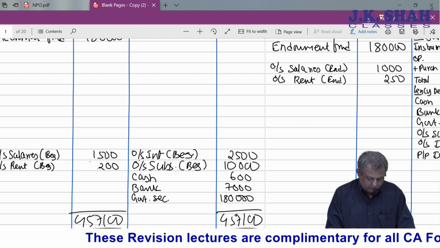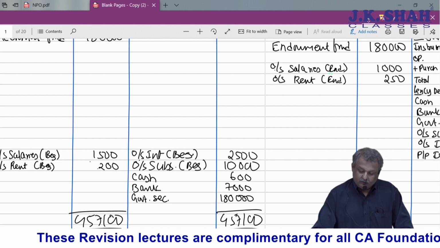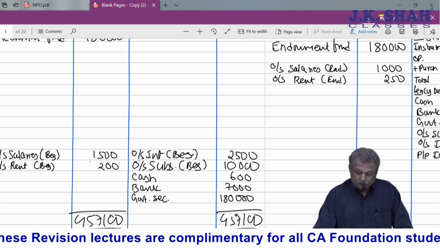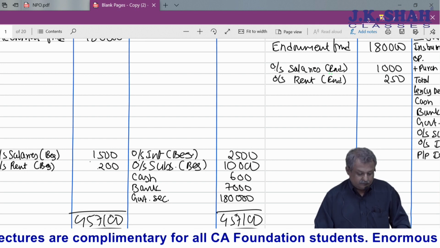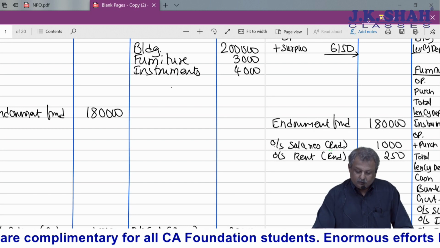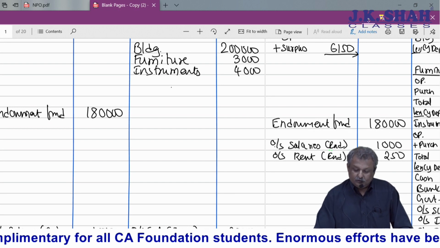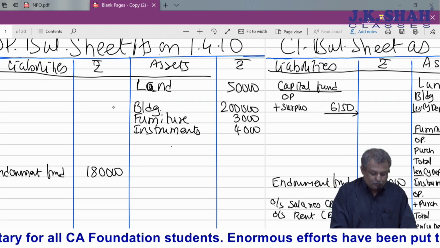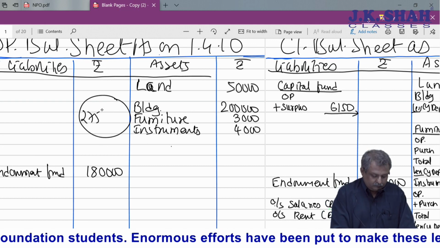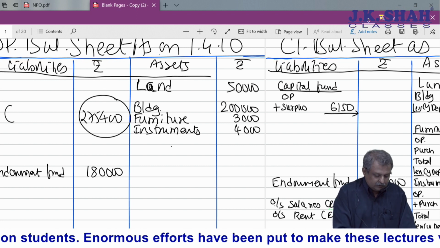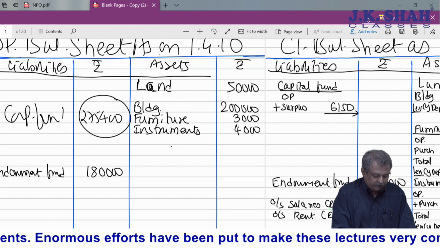From that, minus 1,500 minus 200 minus 1,80,000. So 275,400. This is capital fund.